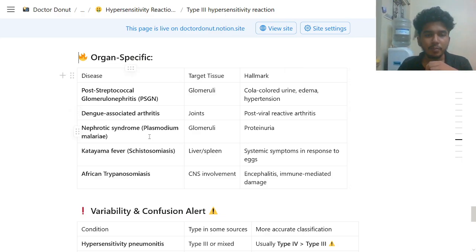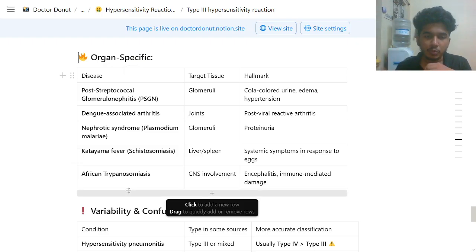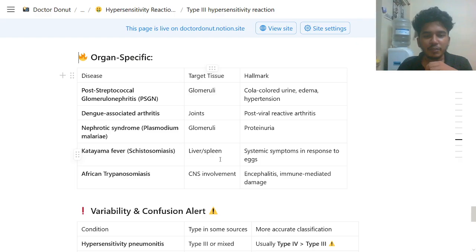Then you have nephrotic syndrome due to Plasmodium malariae, where the glomeruli are again affected, so you find proteinuria. Then you have Katayama fever, which is schistosomiasis, wherein the liver and spleen are affected. This is due to the systemic response to the eggs which are laid there.